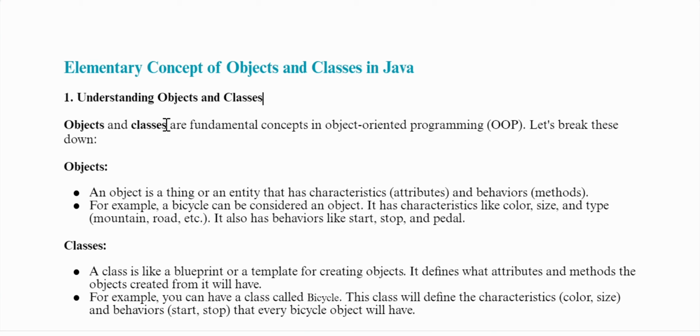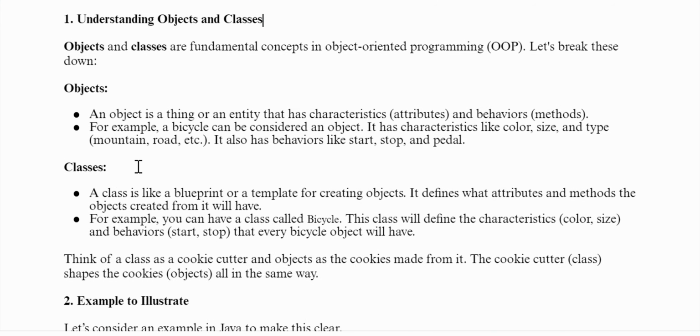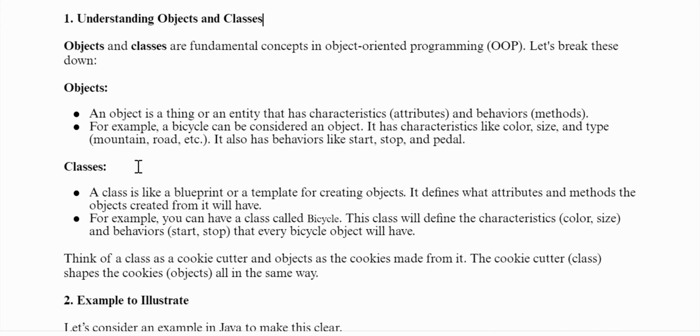By this time you would have an idea of what is object and what are classes, right? Let's have a recap. Objects and classes are fundamental concepts in object-oriented programming. If you break them down, what is object? Object is a thing or entity that has characteristics, attributes and behavior.